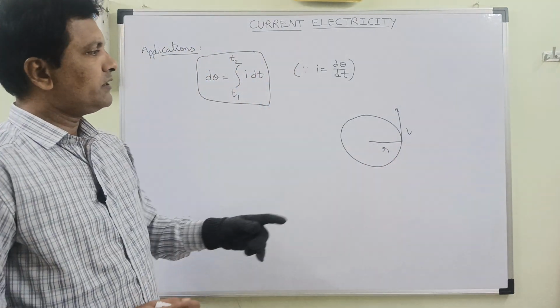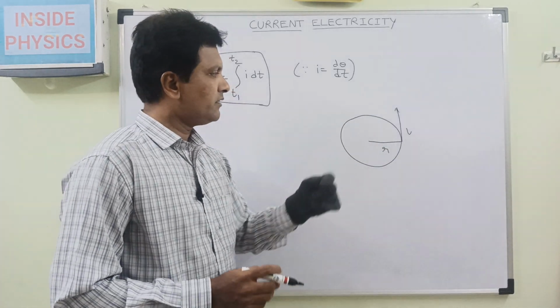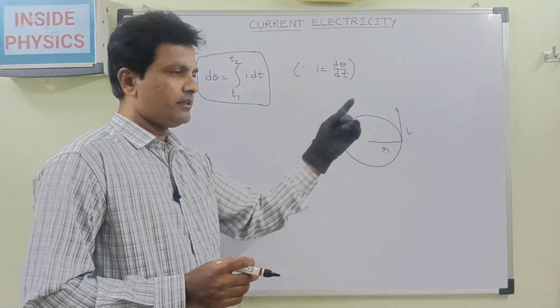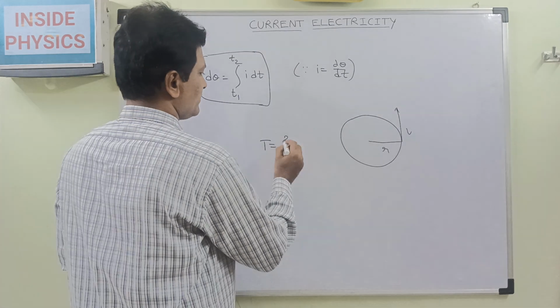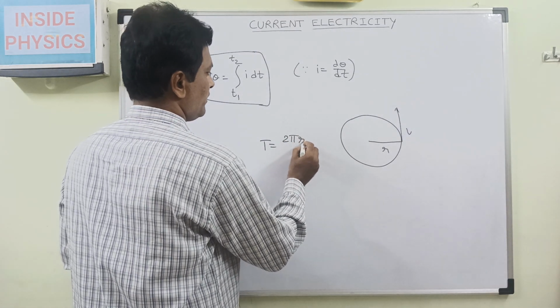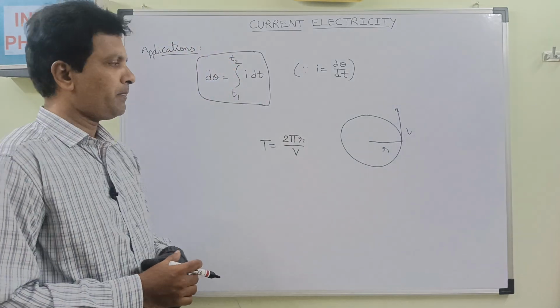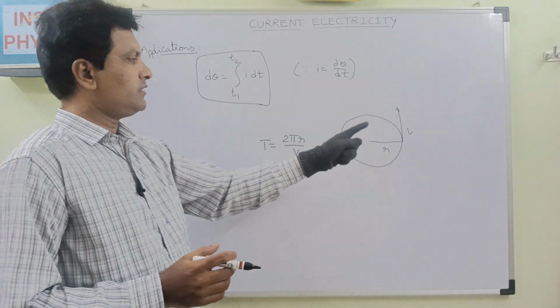So a charged particle is moving in a circular path. What could be the time period of the revolution of that charge? The time period will be 2 pi r by v, where v is the linear velocity. This is the time period of the charged particle.